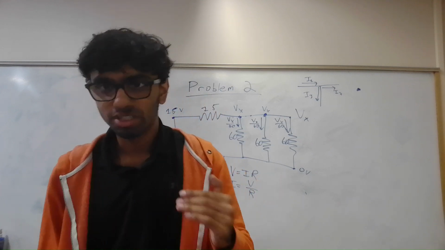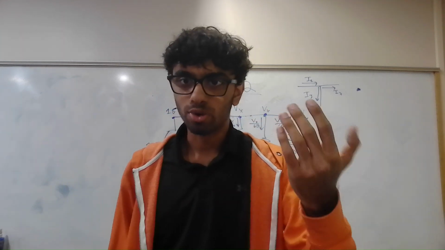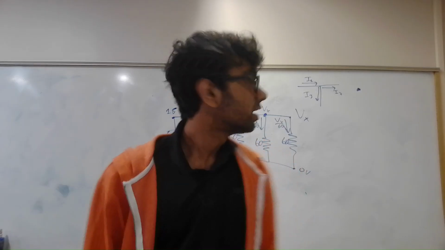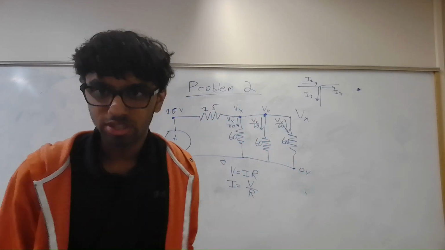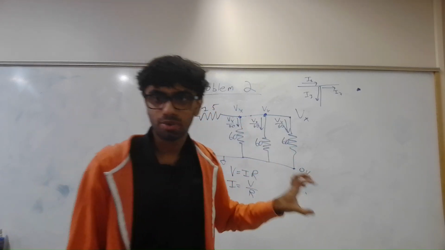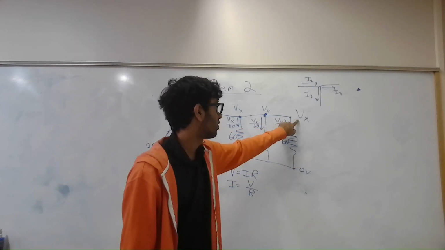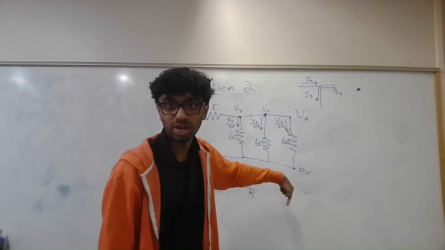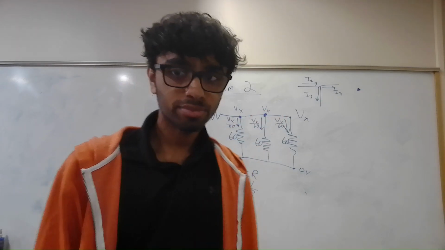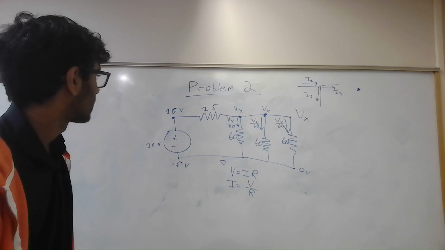Negative voltage is a lower potential than 0 volts, so of course 0 to negative makes sense. It's easier, however, to just assume it's positive and draw the arrows correctly given that it's positive. Vx goes to 0 if Vx is positive, so that's why we draw the arrow in this direction. Okay? So we have that.